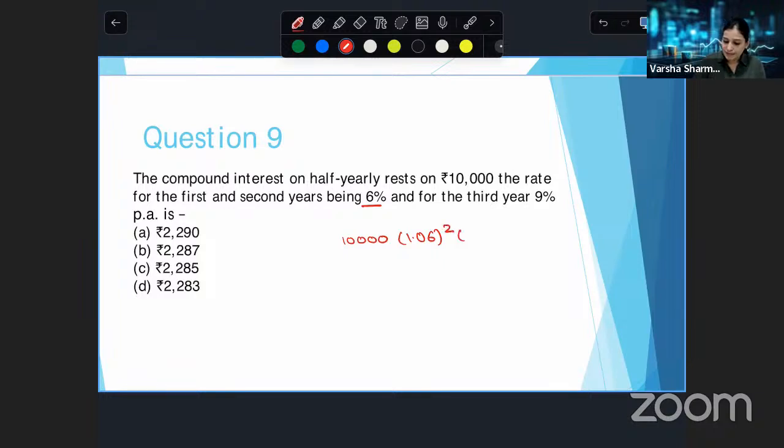For the third year 9%, so 1.09. So 6% becomes 3%, so 1.03. 2 years, so 4 installments. Third year 9%. 9% becomes 4.5%. Agreed? So this will be 1.045. How many times? 2 times. Agree?